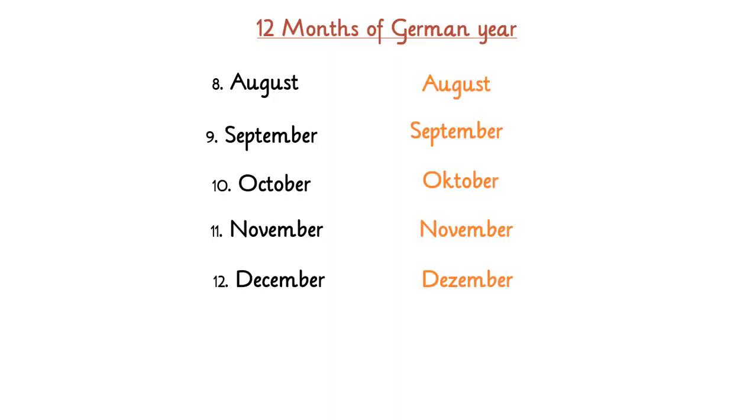August, August. September, September. October, October. November, November. December, December. And congratulations, you now know the names of the 12 months of the German year.